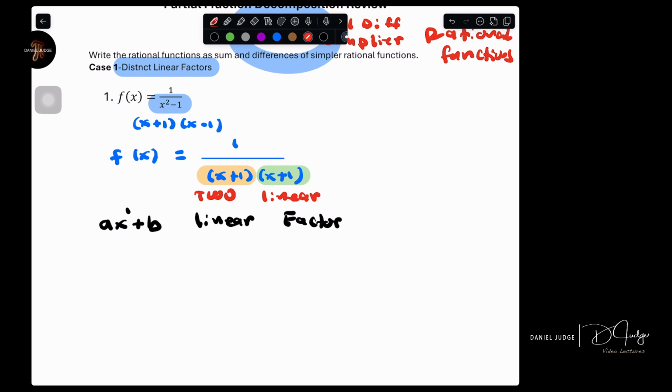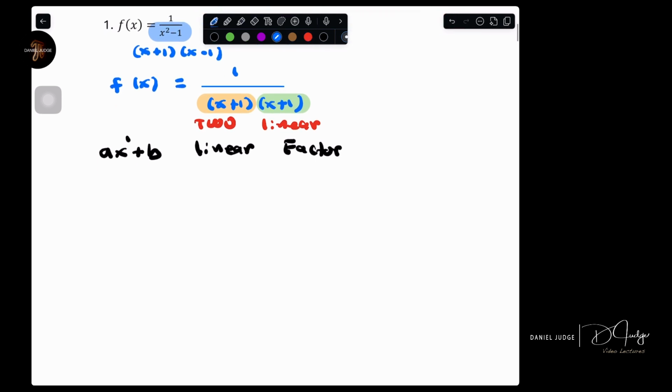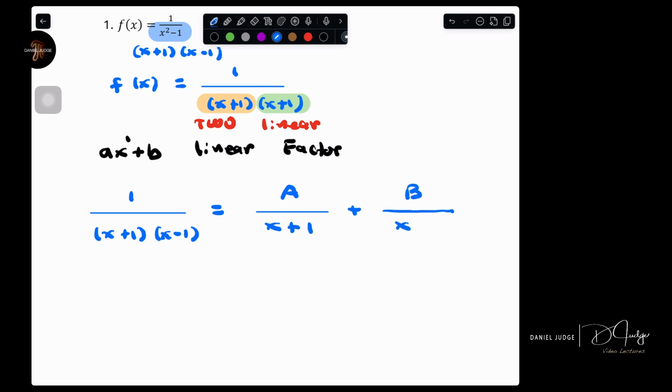Now, this function, which is really 1 over x plus 1 times x minus 1, partial fraction decomposition requires us, in the case of distinct linear factors, to write the rational function as a sum of two simpler rational functions.